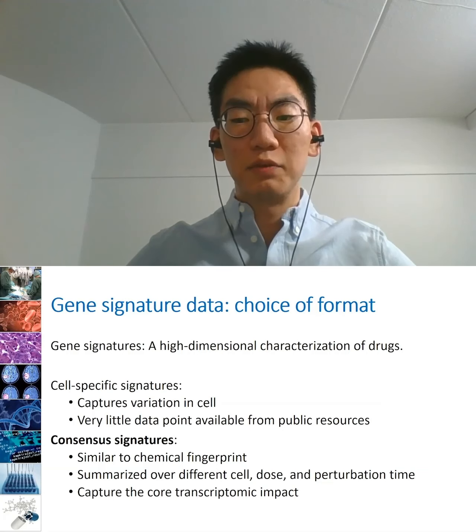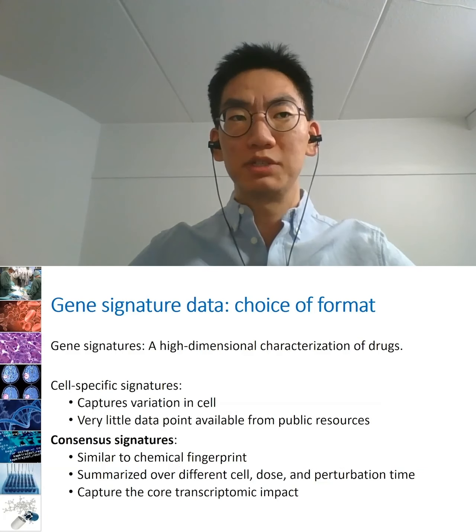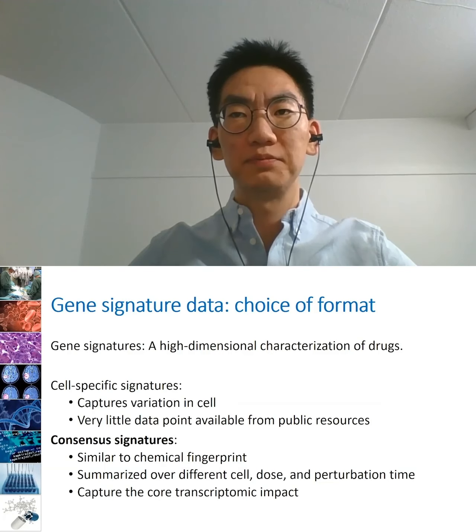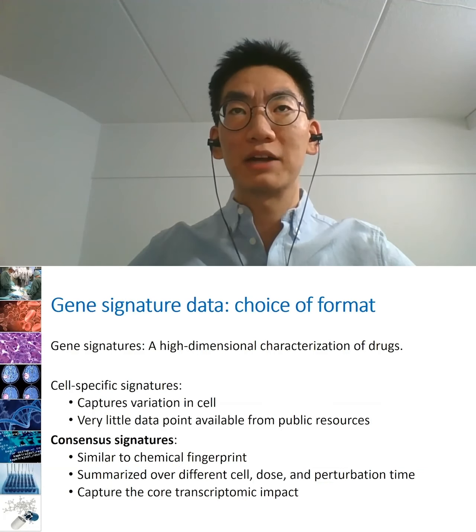So instead, we use the consensus signature data, which behave very similar to chemical fingerprint and has been summarized over different cells, dose, and perturbation time. Hopefully, these consensus signatures can capture the core transcriptomic impact of each drug.